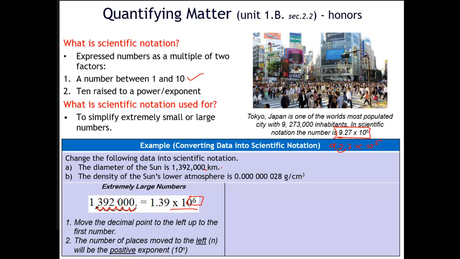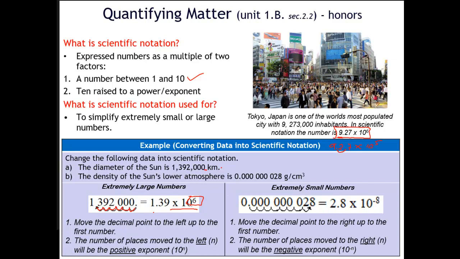Then we simplify these numbers as 1.39. Now you might be wondering, why not 1.392? Well, I like to tell my students, because we don't do sig figs in this class, keep it at 3 numbers. Whatever your number is, whether it's got 10 numbers or 4 numbers, just round it to 3 numbers and it's fine.